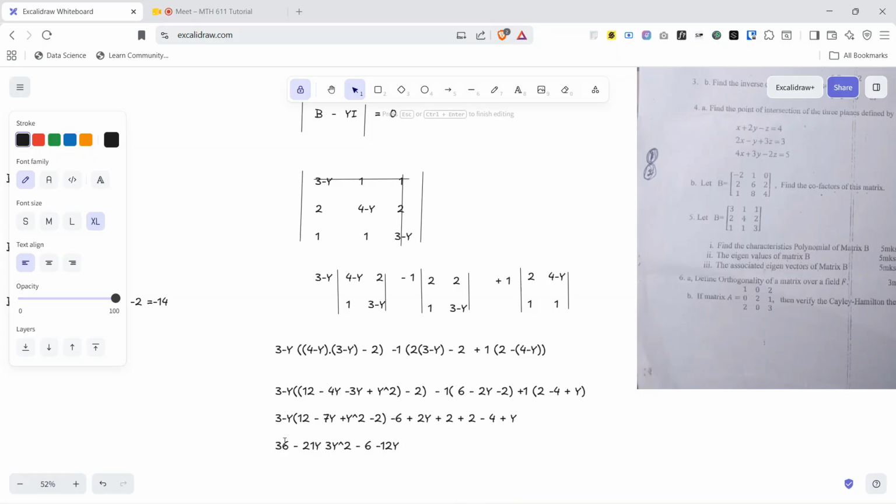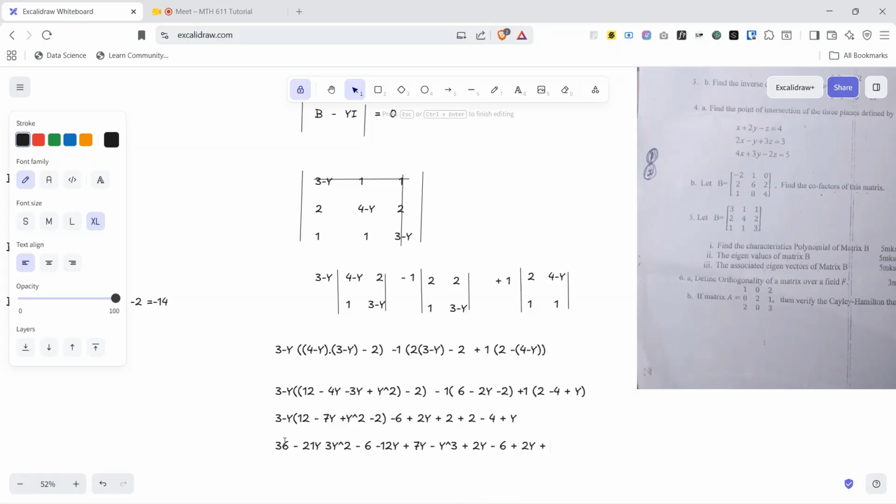Minus lambda times minus 7 lambda would be plus 7 lambda squared, then minus lambda cubed, then plus 2 lambda.